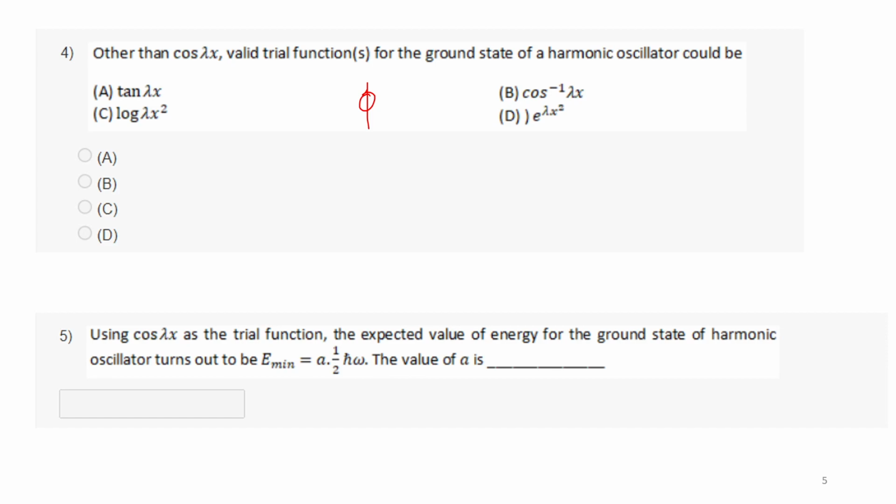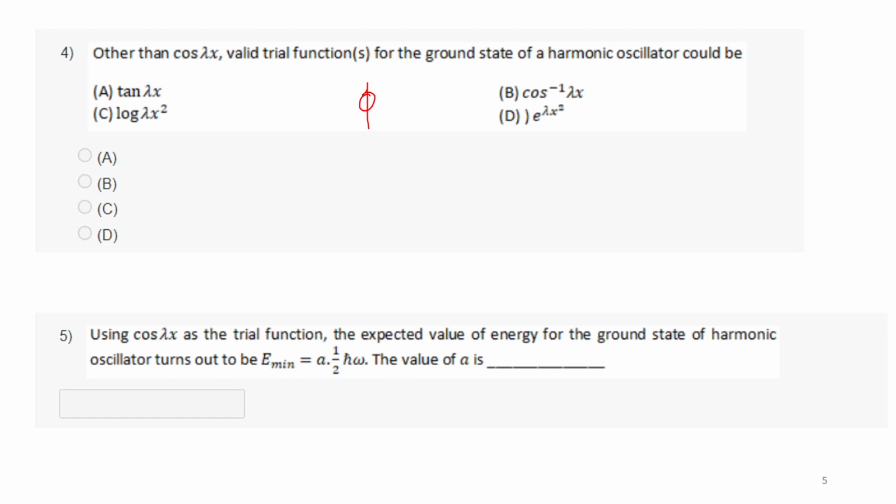We don't know yet. But from what I have studied, in the variation theorem you can take any function as a trial wave function as long as it obeys the basic boundary conditions. Then, depending on how good your guess is, your energy will be either close to the real energy or it might be very far. Okay, I understand your doubt.